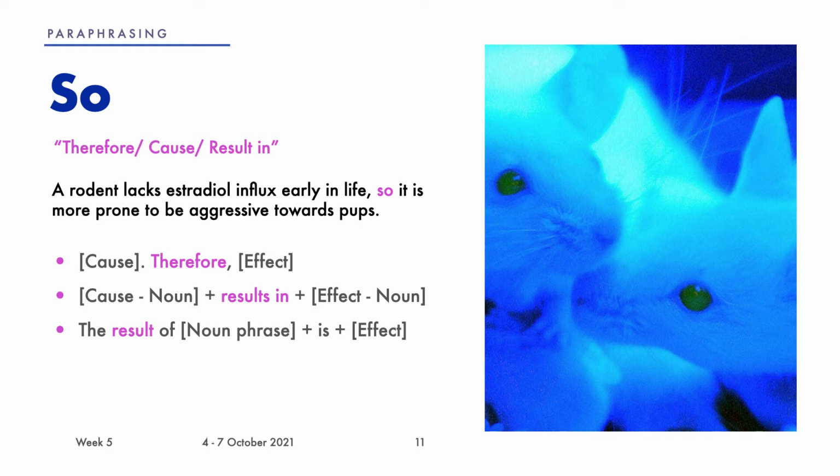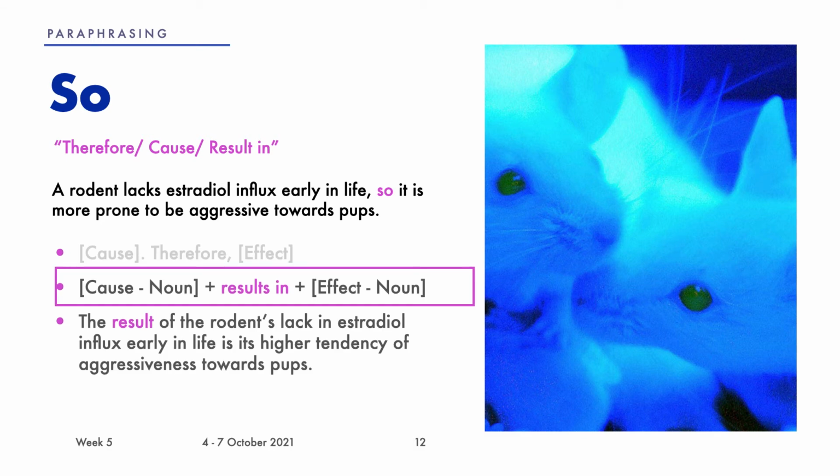So in this case, you may want to paraphrase the conjunction "so" with the verb "result in," or you may want to use "causes." But then, if you want to paraphrase the conjunction into a verb, you will have to consider turning the two sentences next to the conjunction into nouns. And I leave the verb form to you, how you're going to paraphrase this sentence with "results in."